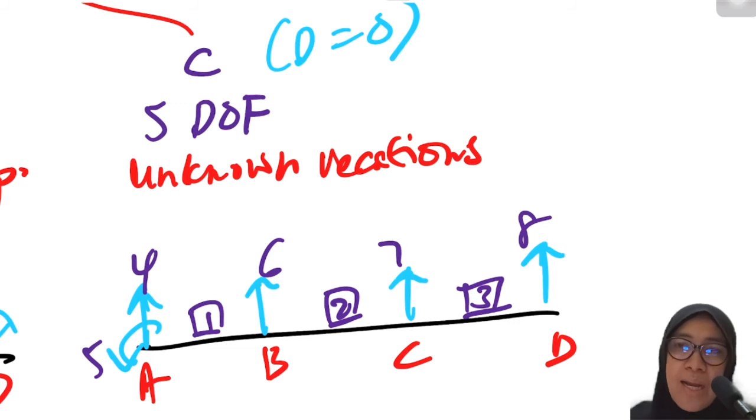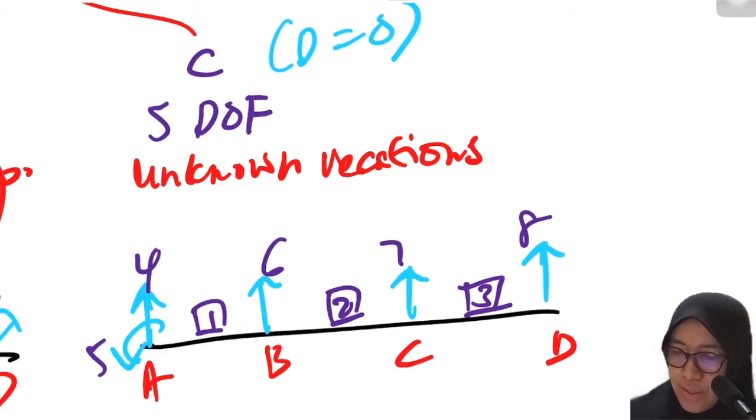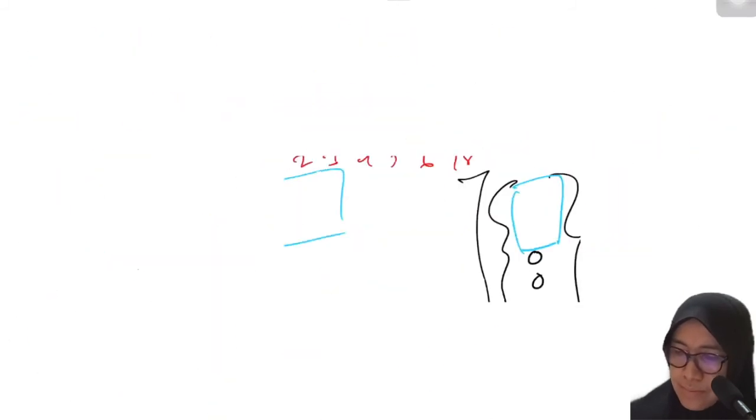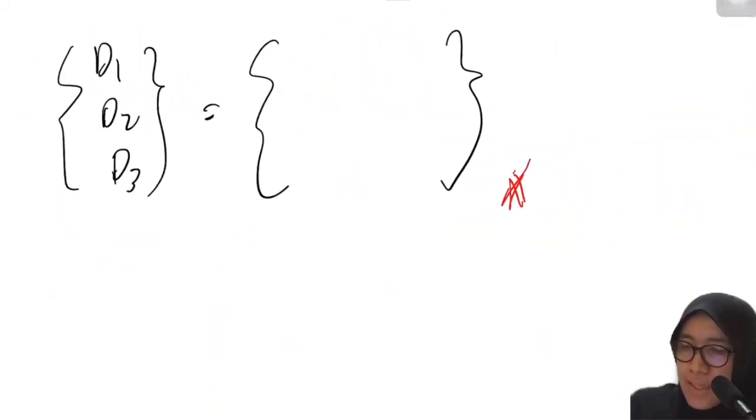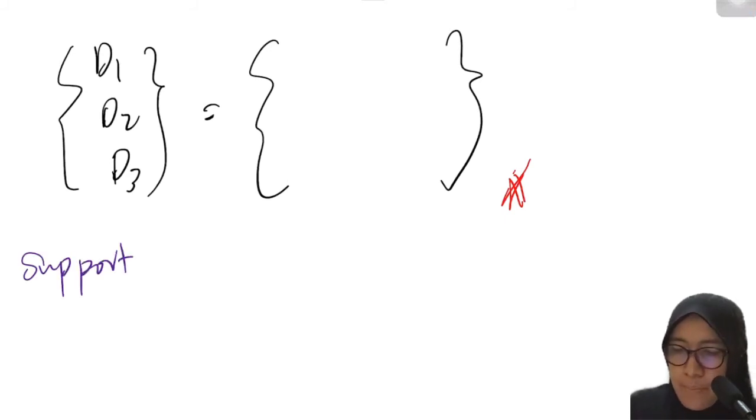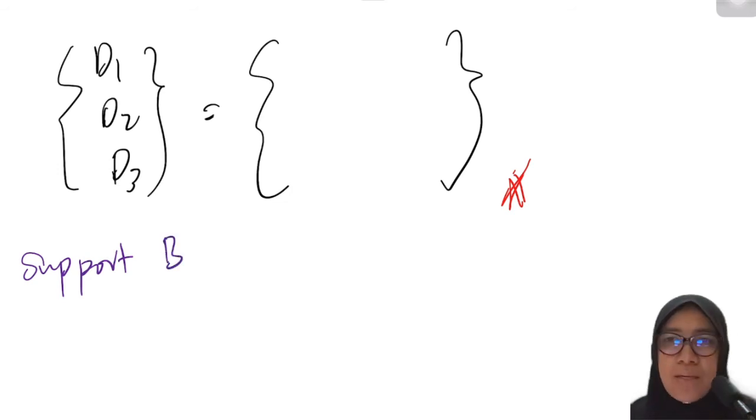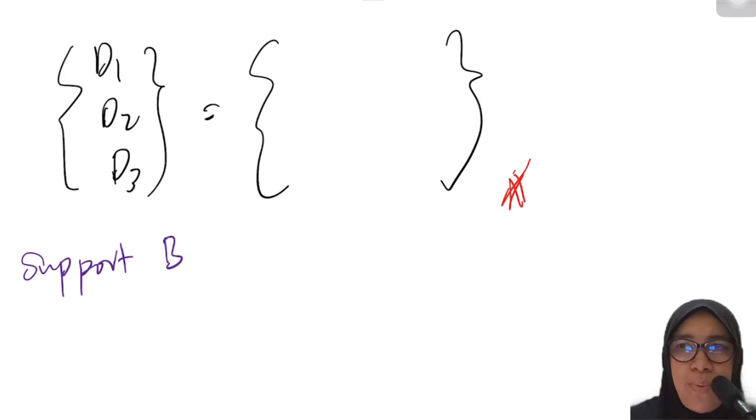Okay, let's say I want to put the settlement effect at position B. So in the question, it is like this: support A, B, support B. When the settlement occurs, of course in the question there is a statement mentioning about settlement at which support.